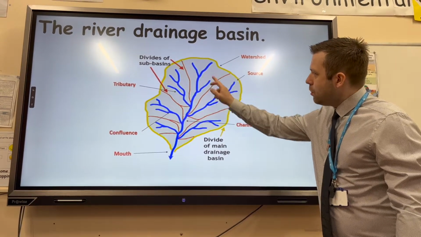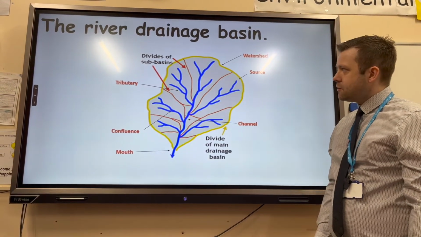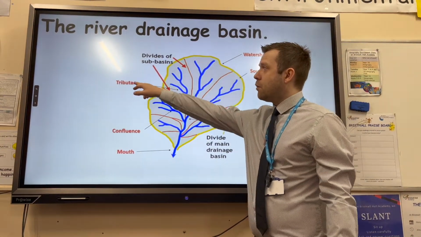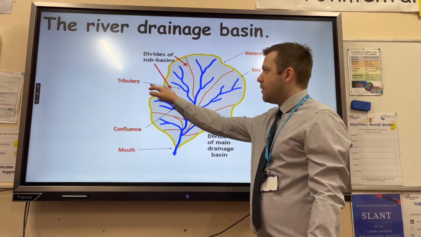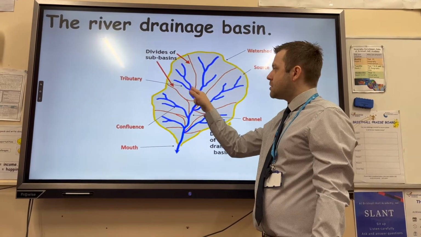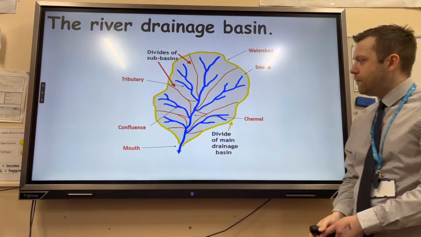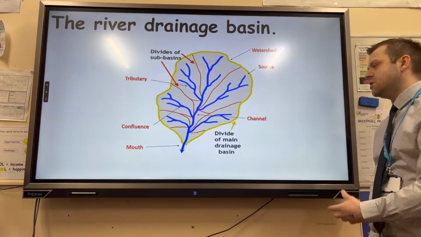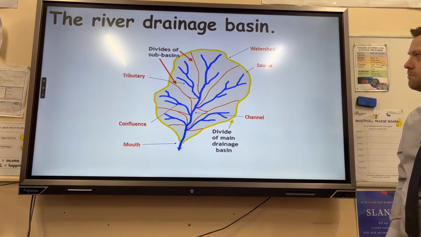It will flow through its many different channels. When a smaller river joins a bigger river, we call them tributaries. And the point where a smaller river meets another river is called a confluence. And finally, the water will flow into the sea usually, or sometimes a lake, at its mouth.